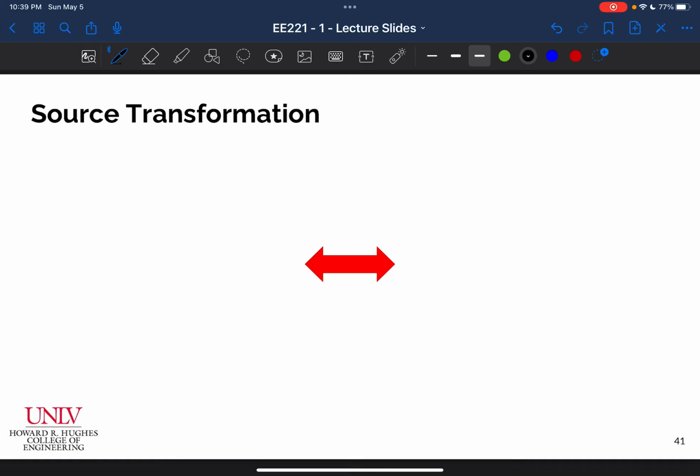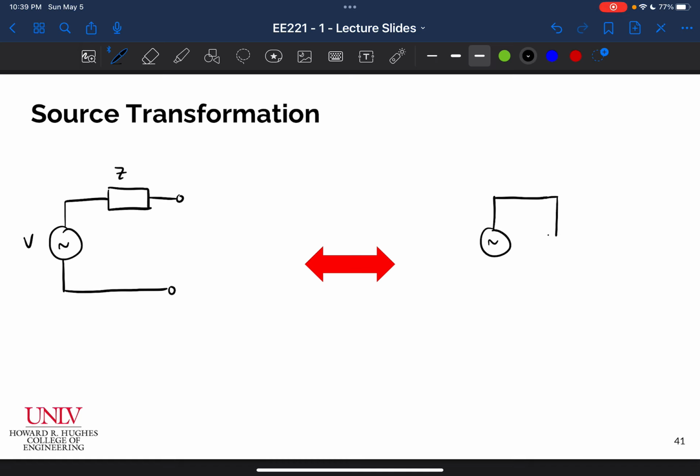All right, so source transformation, just another tool that we can use to help us solve circuits. Basically, if we have a voltage source, and we're going to do this in AC, of course, in series with some impedance, let's call this just Z, we'll just call this V, we can equivalently redraw this or transform this source into a current source, I, with the same impedance, Z, in parallel, and it will behave exactly the same in a circuit.